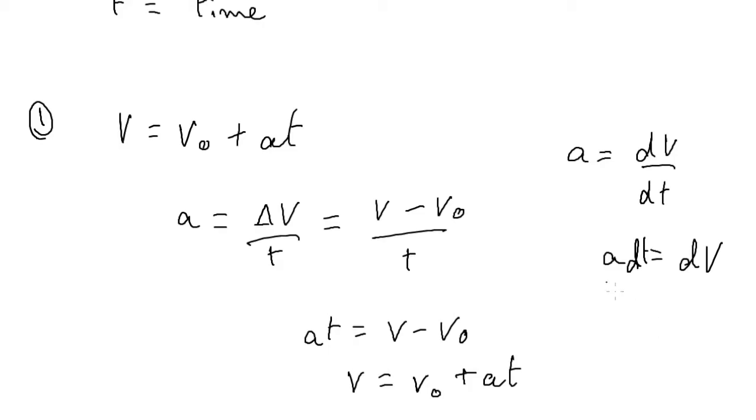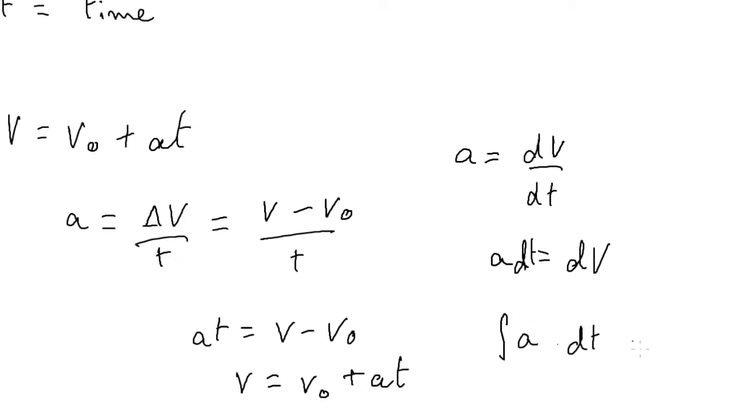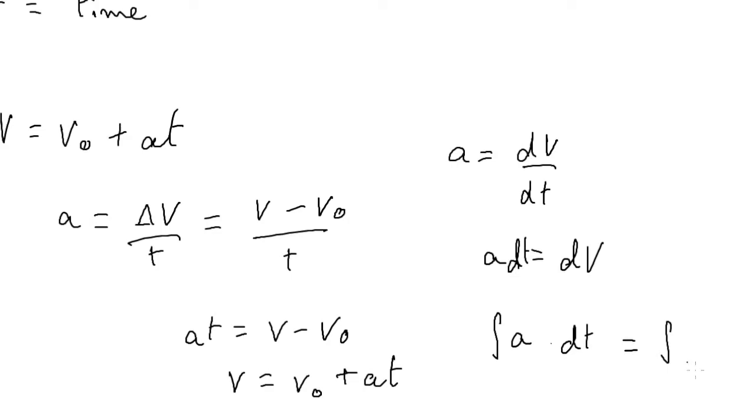Now, integrate both sides and you get the integral of the acceleration with respect to time is equal to the integral of 1 with respect to velocity. For the limits of integration, let's say t equals 0 to some given time, and the limits of integration for the velocity will be some initial velocity to some final velocity.